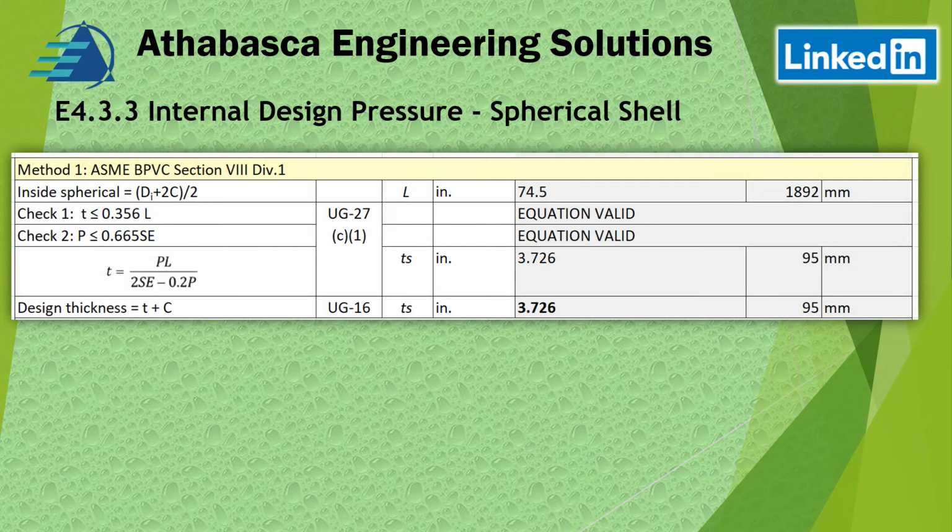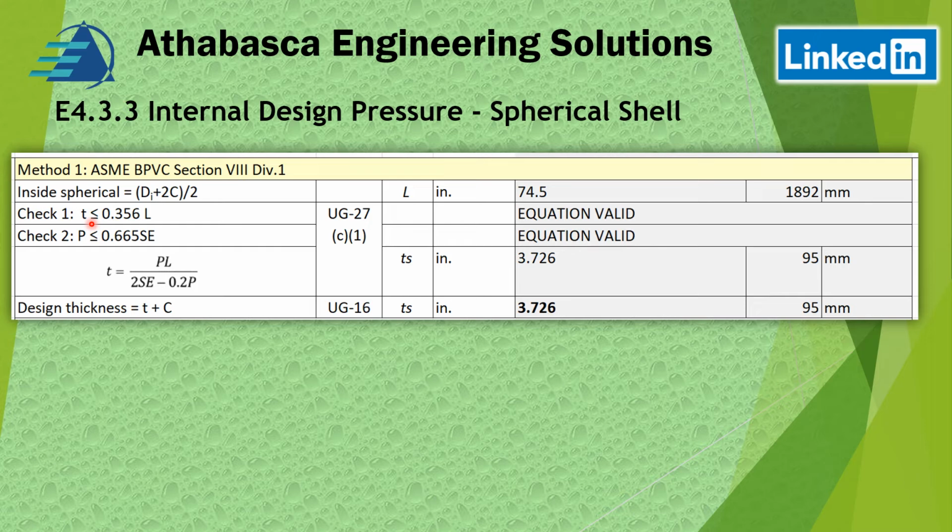We're going to continue on here with the Method 1 calculation. So we're going to make our adjustments. We're going to calculate our inside spherical L, and we have to take into account the corrosion allowance and make that adjustment. Then we're going to do our first litmus checks to see whether these equations are valid.